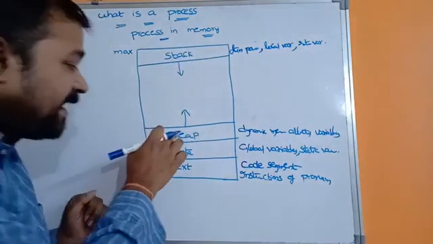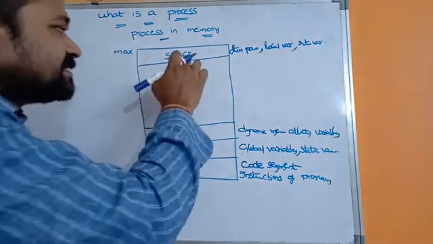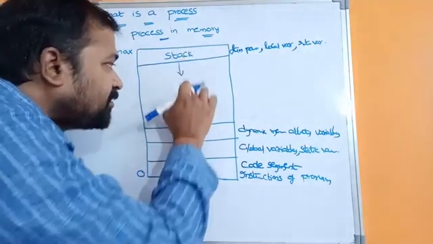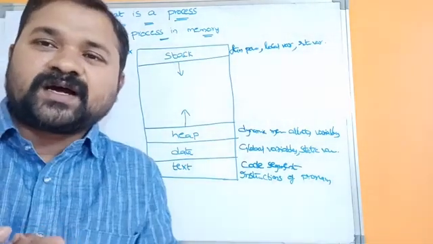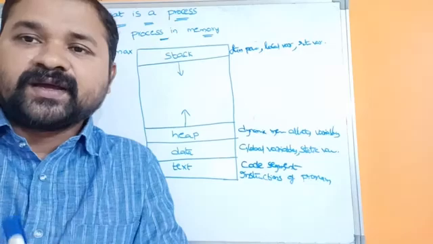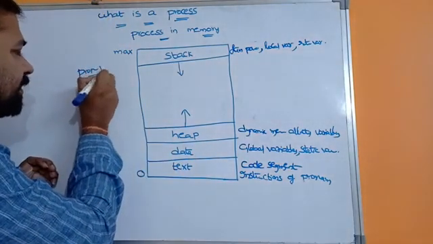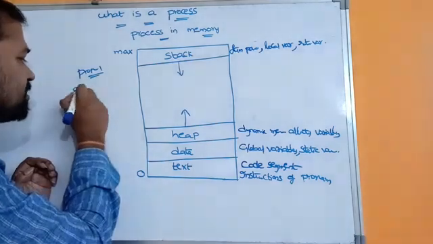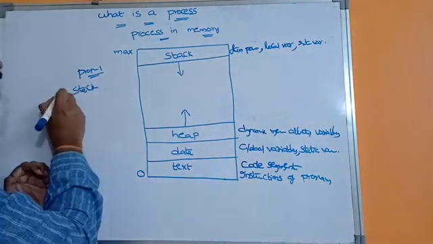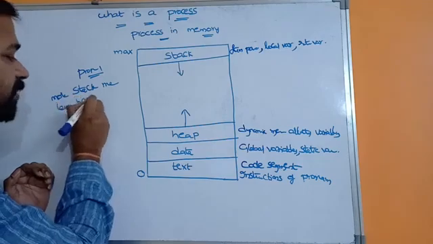Here heap always grows upward, whereas stack always grows downward. Why? Because we don't know which segment will use more memory. Let us assume that we have a program called program 1. In program 1 we are using more stack memory as well as less heap memory.